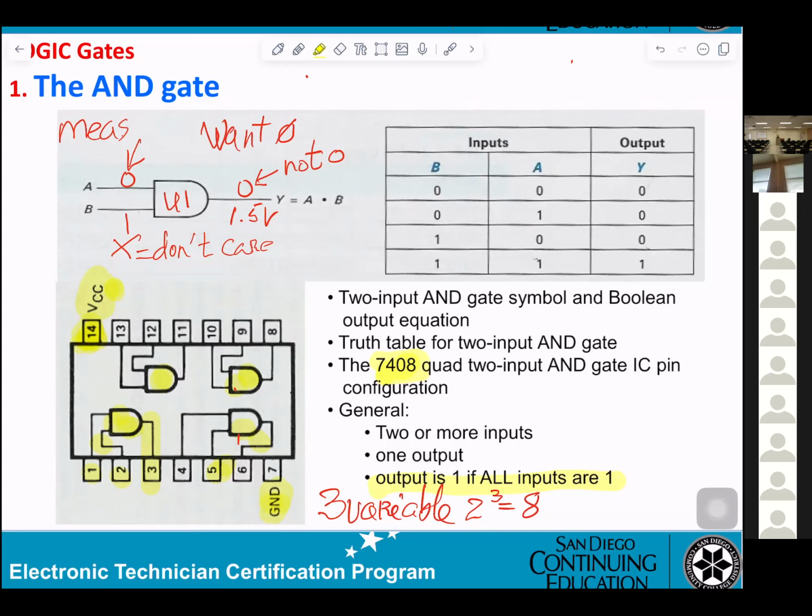The thing is, if I understand that one IC, one gate, then you can understand the rest, no big deal. That's what we call a 7408 AND gate, 2 input AND gate. Okay, any question up to that point?